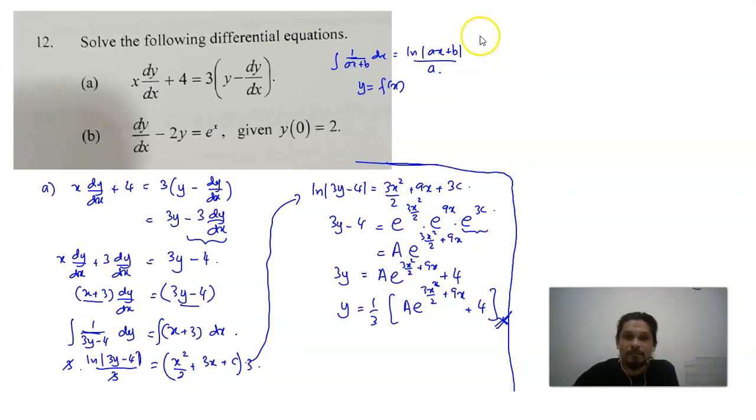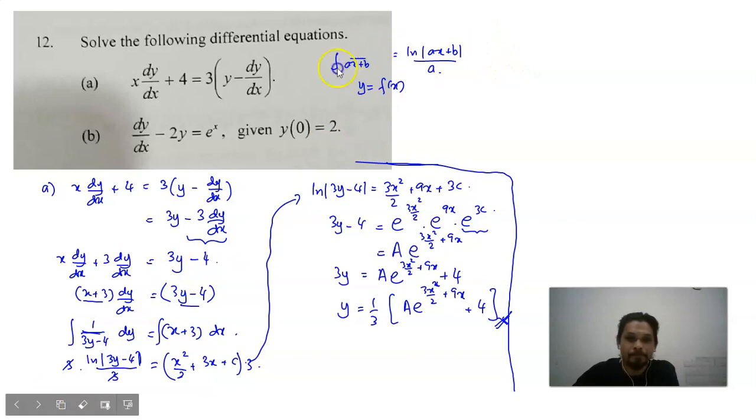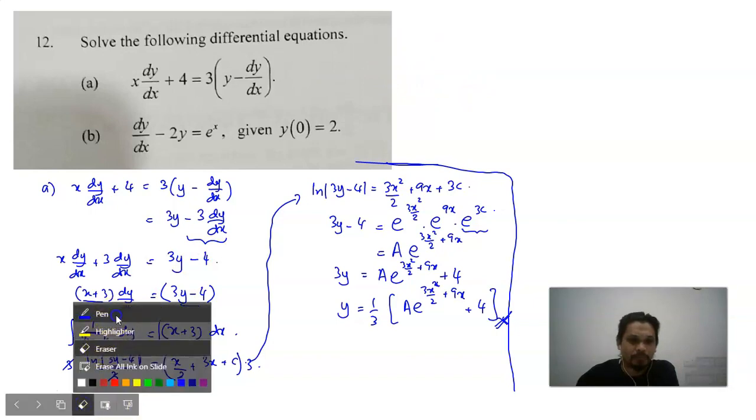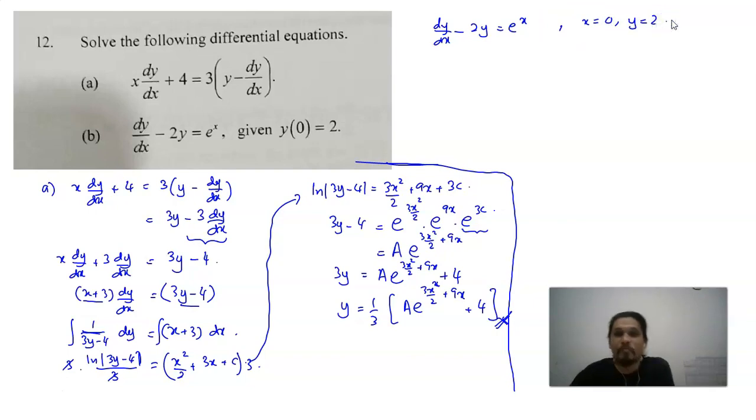For question B, dy dx minus 2y equal to e to the power of x, and given that when x equal to 0, y equal to 2.